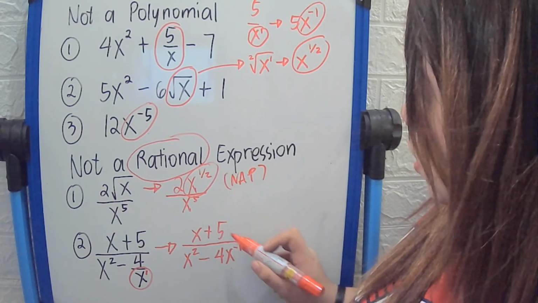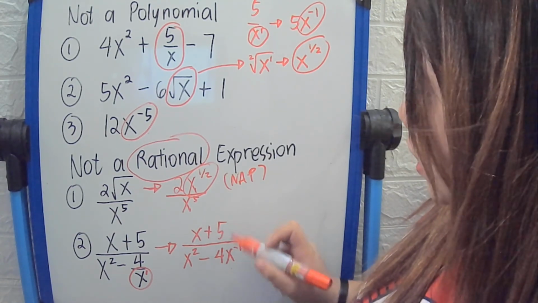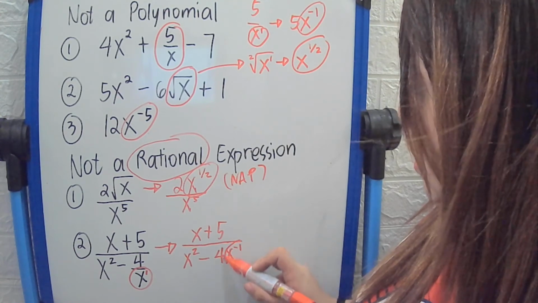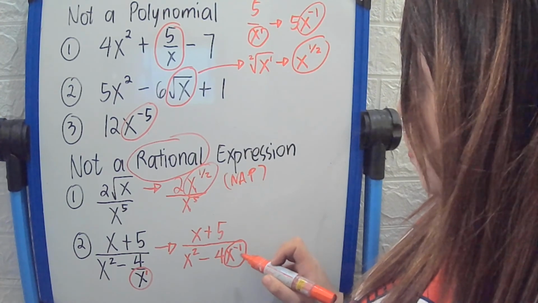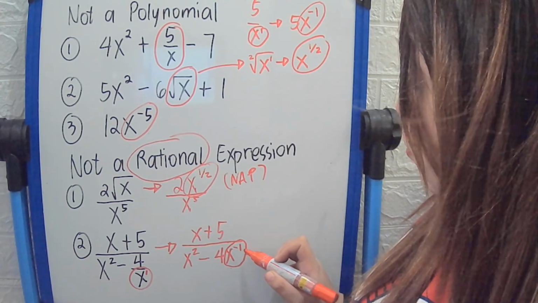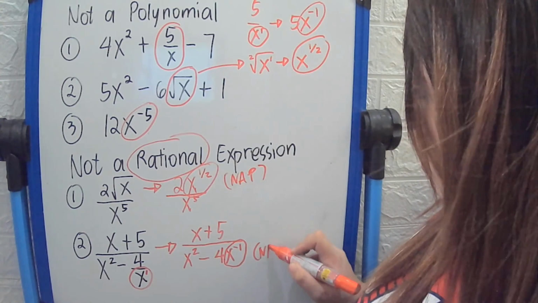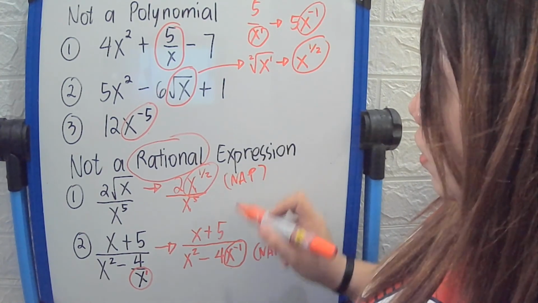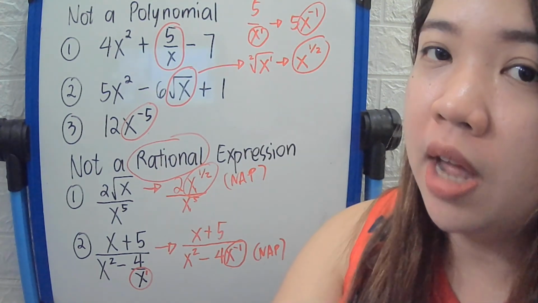Now, as you can see, your numerator is a polynomial, but your denominator is not because of this. The exponent of x here is negative, which gives you not a polynomial. So the whole term is not a rational expression.